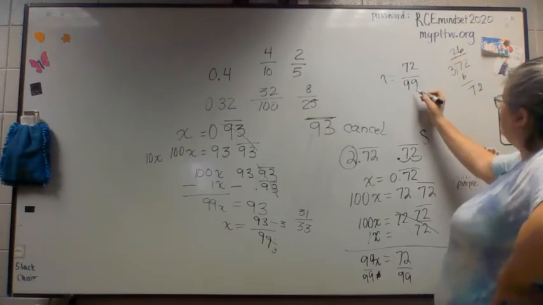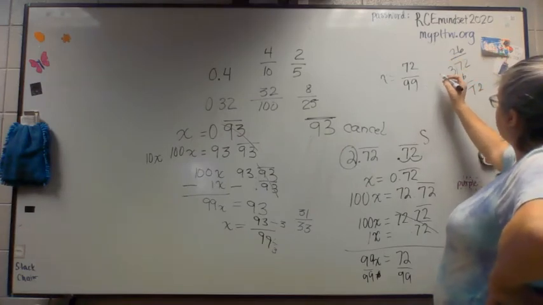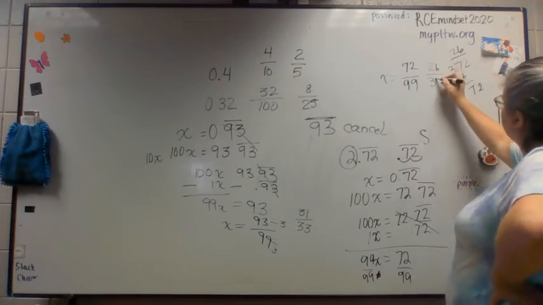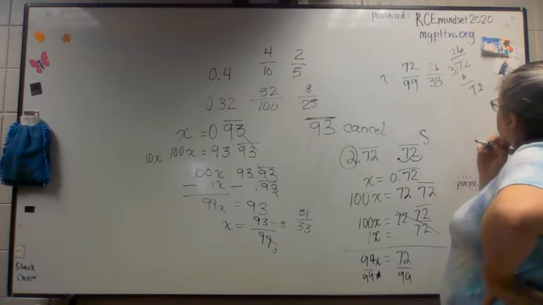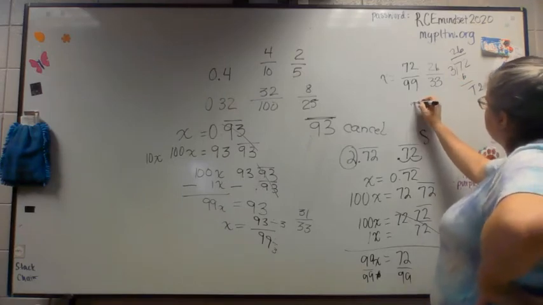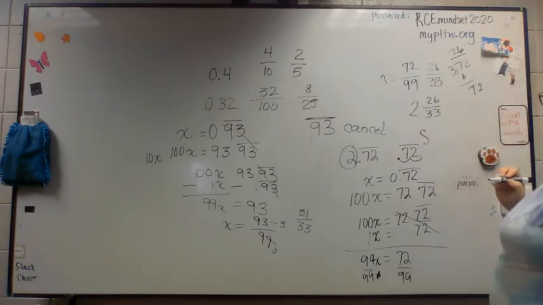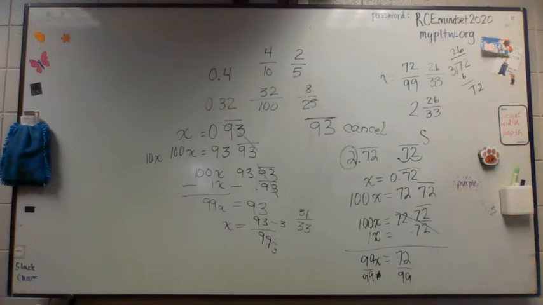And we know that 99 divided by 3, so we get 26 over 33. So this one is going to be 2 and 26 over 33. Now let's see if you can determine if that can be simplified.